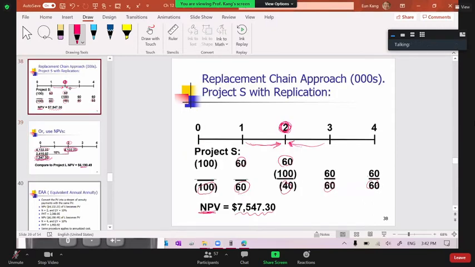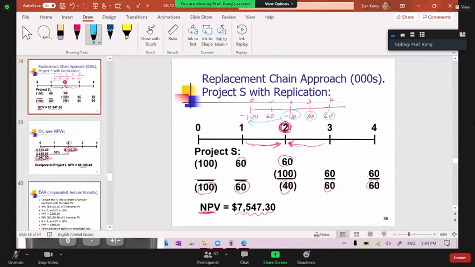So it's like this. If you write down this cash flow, minus 100, year 1, 60, year 2, minus 40, year 3, 60, year 4, 60, right? So you have to move negative to the present, right? And this is already year 4, so you don't have to do anything about that.